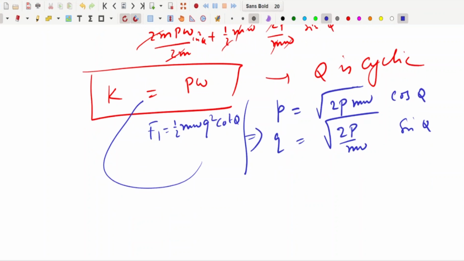So Q is cyclic. This will be helpful, and let us see how the solution can be found.